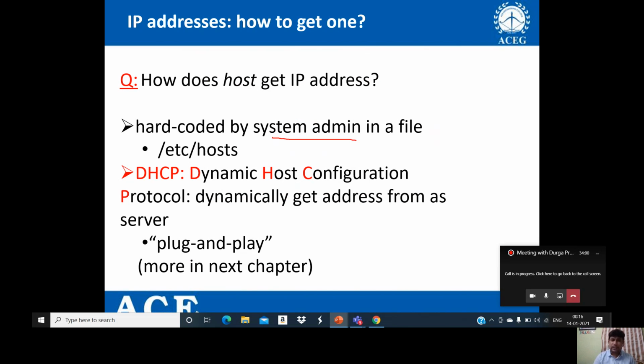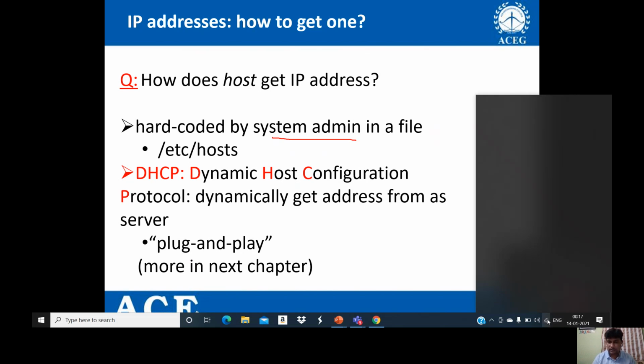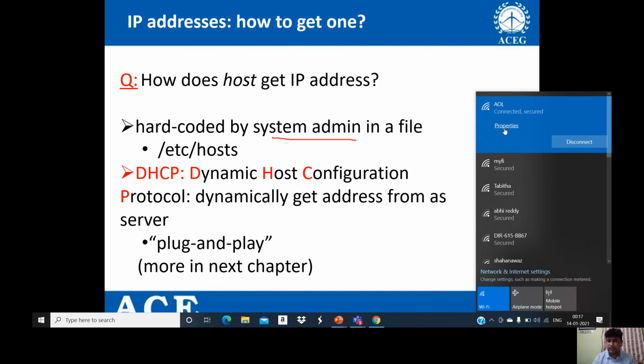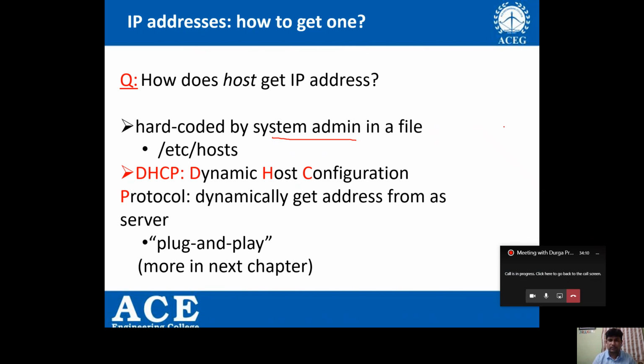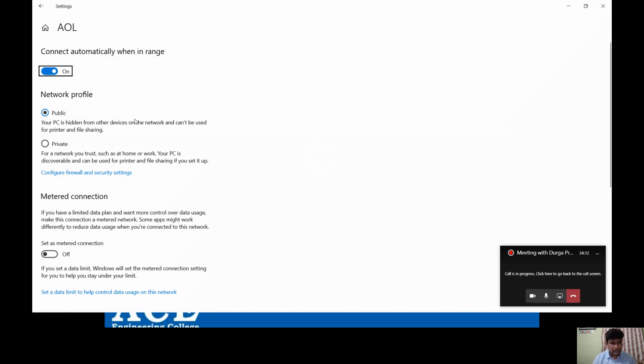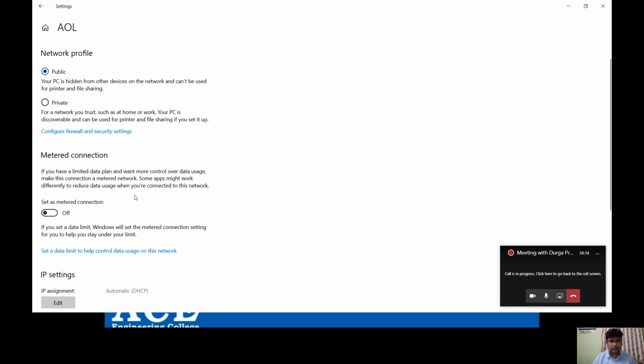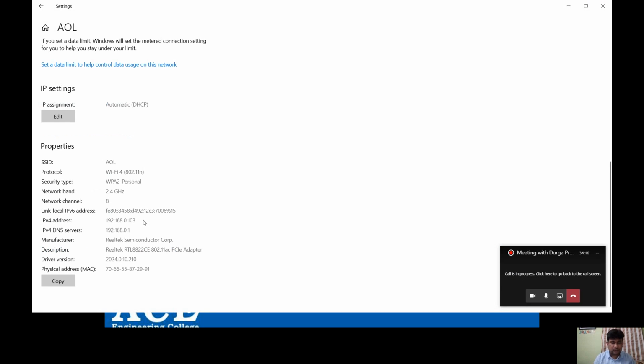But if not, you can also get this IP address by clicking on your network connection and your connected network and click on the properties. You could find the IP address details. For instance, from the system which I am connected, the IP address is mentioned as 192.168.0.103.